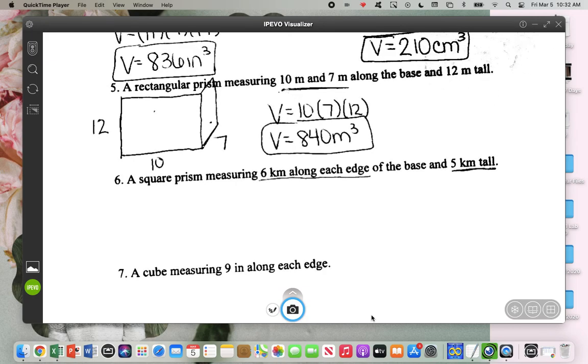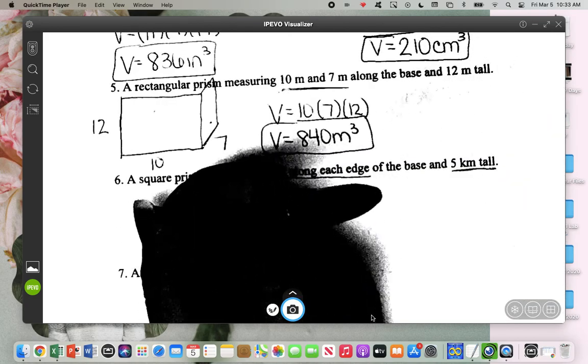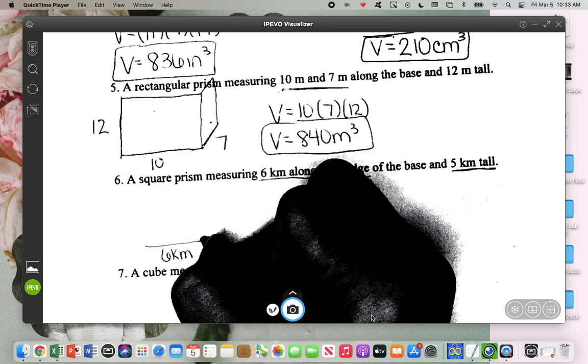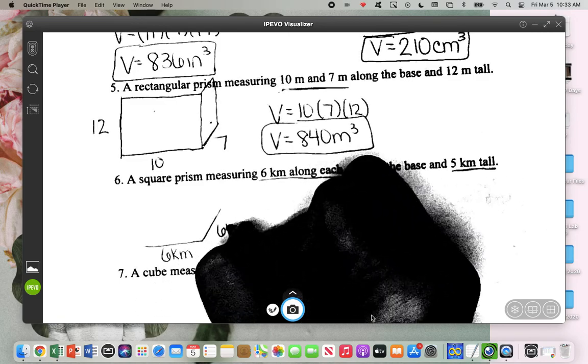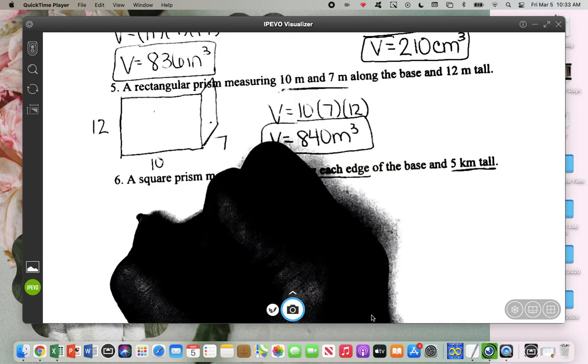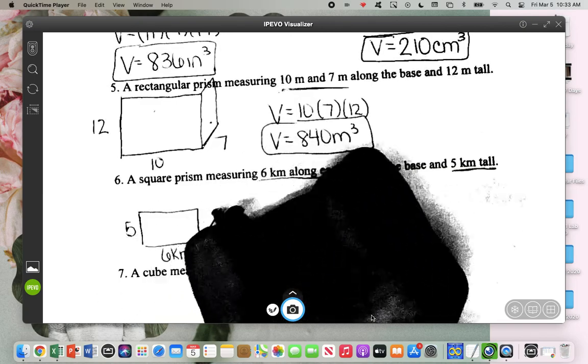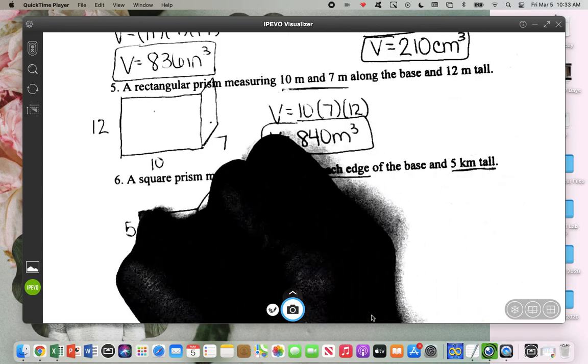The bottom is a square and the top is like into a triangle. It's not into a triangle. It's still a square. What this is telling you is that the base is a square that's 6 by 6. So you have one that's 6 kilometers wide and 6 kilometers for the width, but then the height is 5. So it's not going to be a perfect cube.